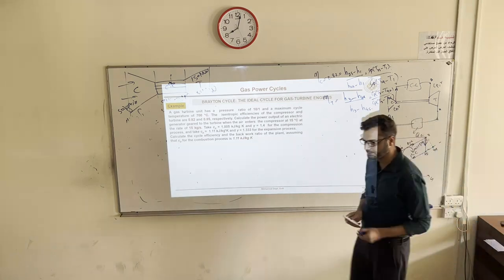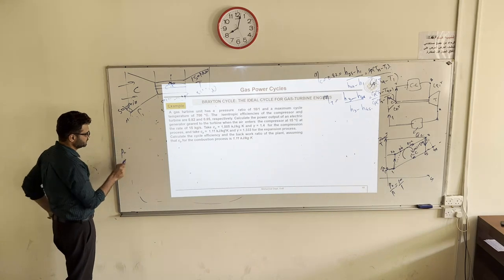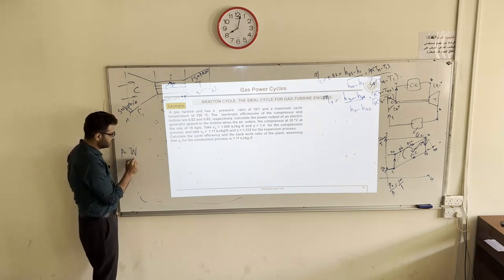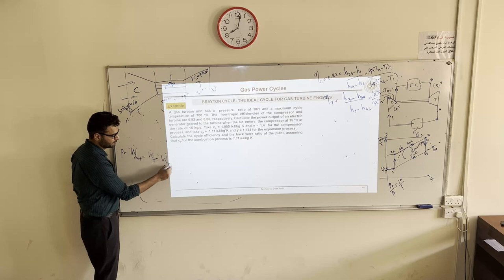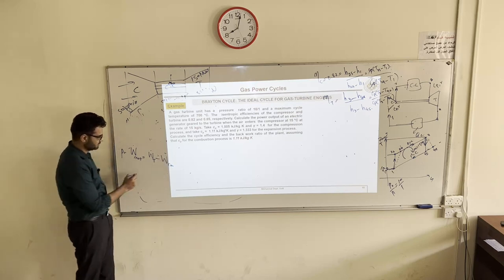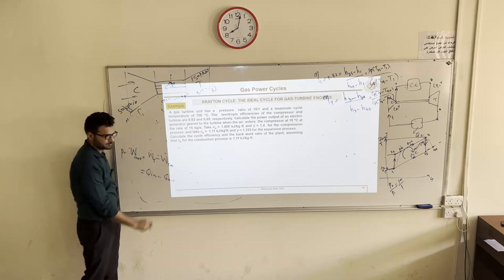So power output can be written as net power output, work of turbine minus work of compressor, or Q in minus Q out.